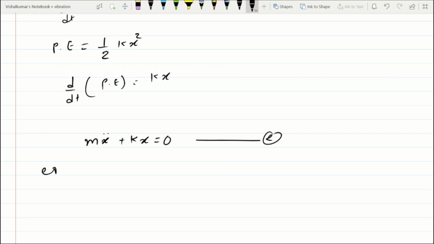This equation number 2 is our equation of motion of the single degree of freedom undamped free vibration system.